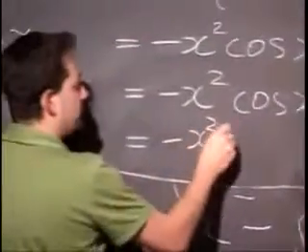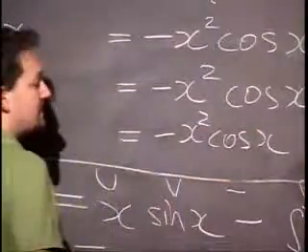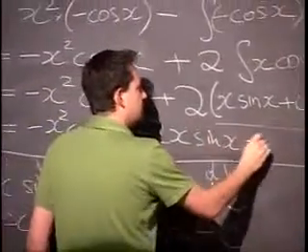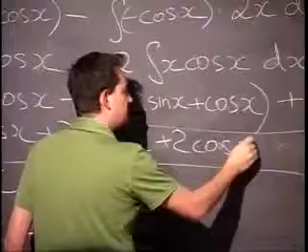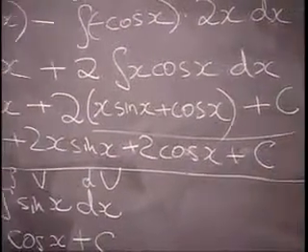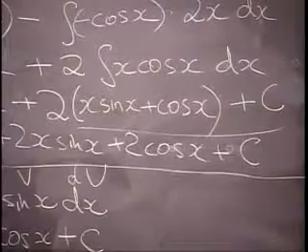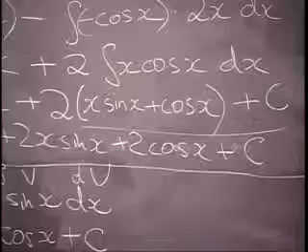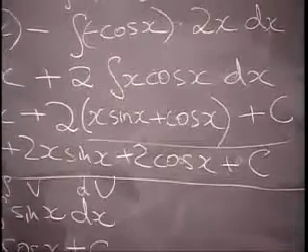I can just pull out the 2 and get negative x squared cosine x plus 2x sine x plus 2 cosine x plus c. Again, if you really felt motivated, you could differentiate this and see that the original pops out. You should get a lot of things canceling out so that all that's left is x squared sine x.